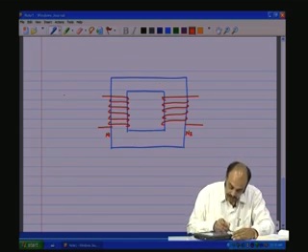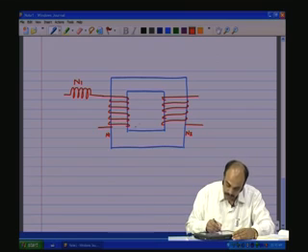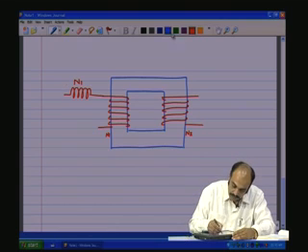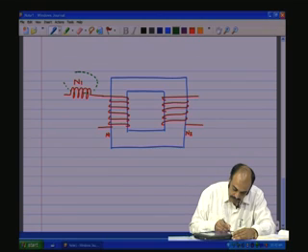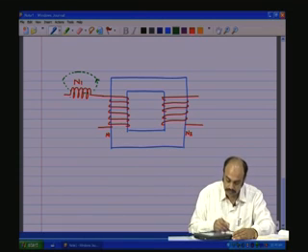Now, let us have a virtual coil here, also N1 turns, but of course, the flux is now flowing through the air. So, there is going to be a flux here, equivalently flowing through the air, due to the fact that the same current is flowing through this coil and that coil.